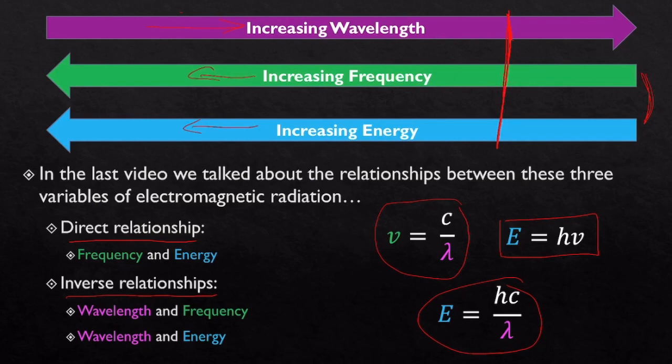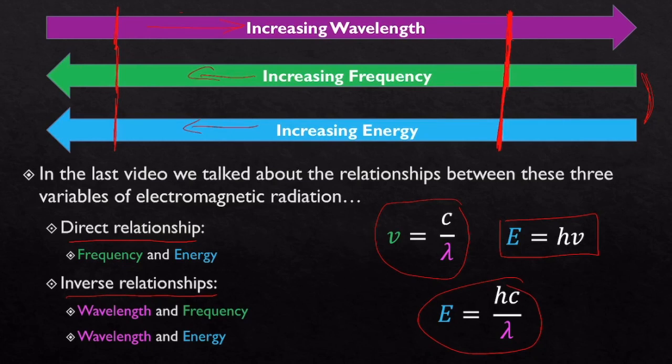So any electromagnetic radiation that has that wavelength will be a certain type of electromagnetic radiation that also corresponds to a very specific frequency, which will always be that frequency, and a very specific energy, which will always be that amount of energy. So if I've got a really tiny wavelength down here, it's going to correspond to something with a high frequency and a high amount of energy, a very specific amount of energy.